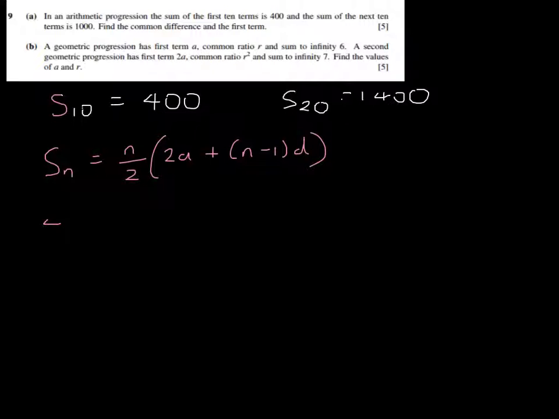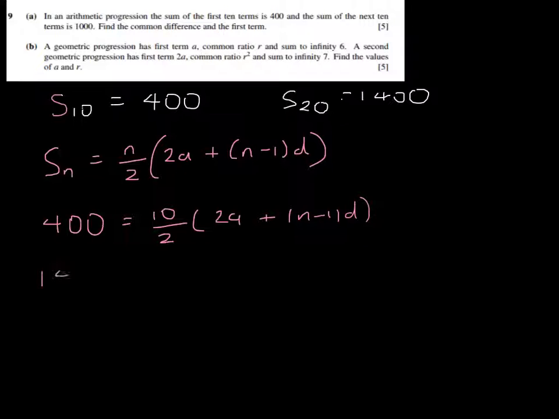One that equals 400, and that's when n is 10, so 10 over 2, and then 2a plus n minus 1 d, and one where the sum is 1,400.